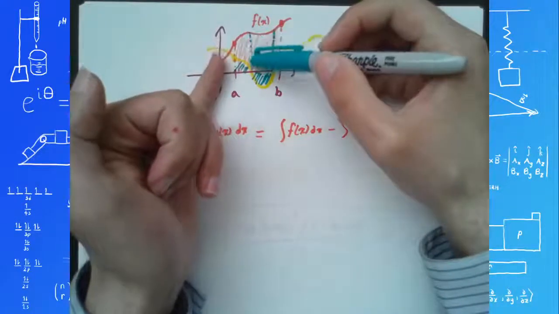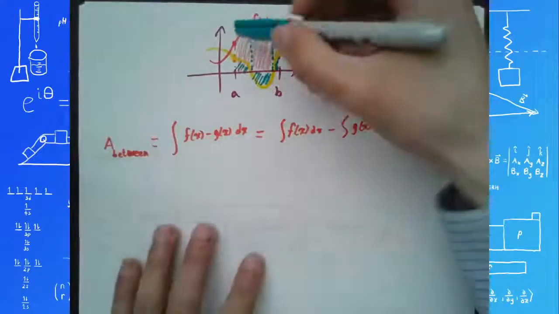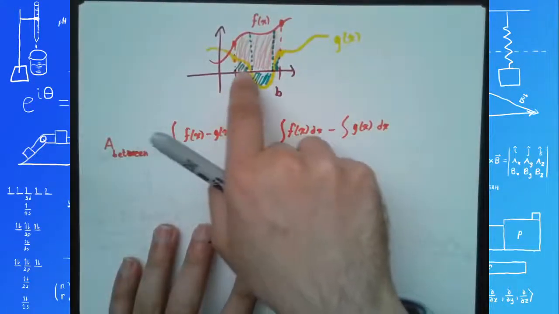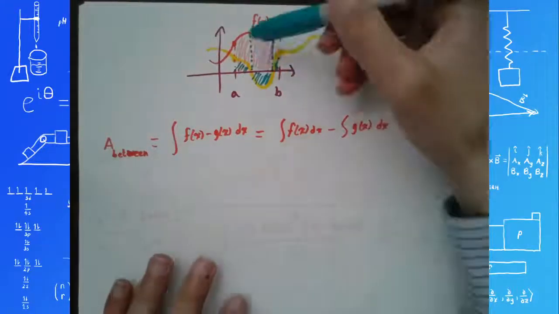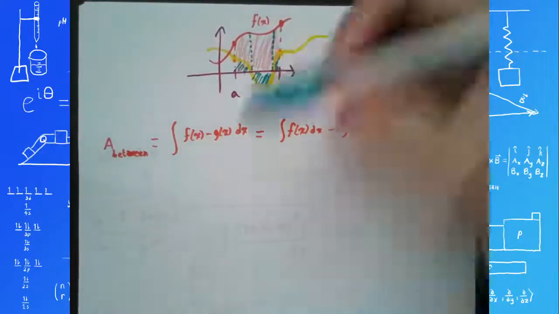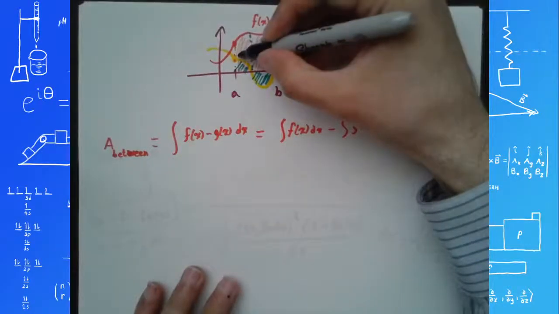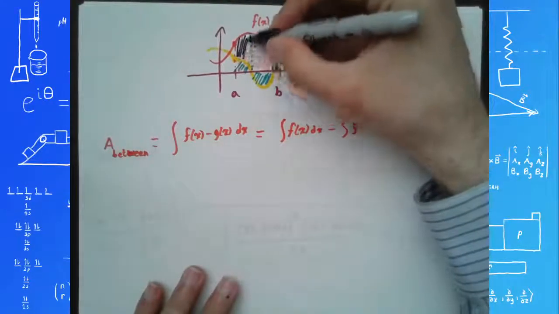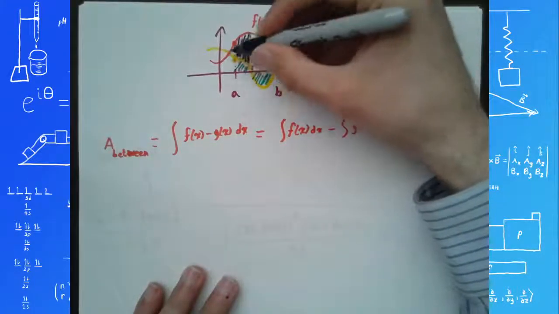Area under f of x minus area under g of x, pink minus green. The pink includes what's also in the green, by the way. There's overlap between pink and green. So you're taking all of this pink area minus that little bit that overlaps, and you're getting this, which is directly between the orange curve and the yellow curve.